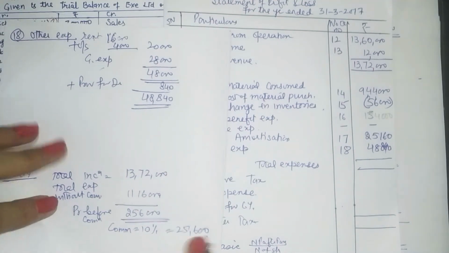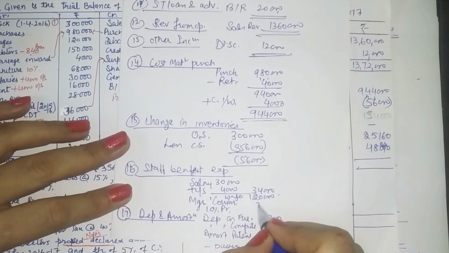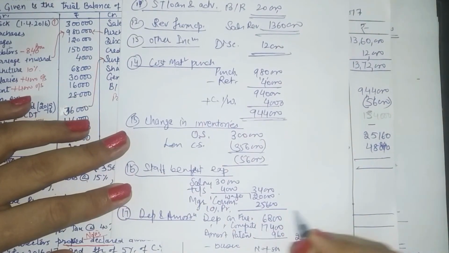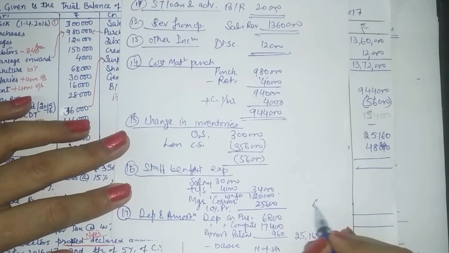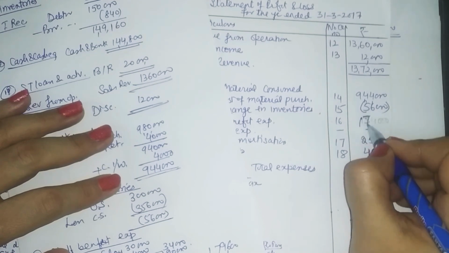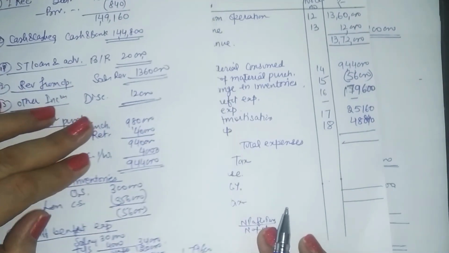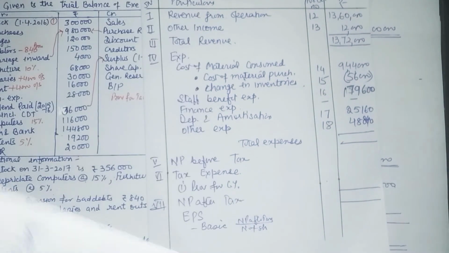Now if we take this commission into consideration, then our staff benefit expenses will be, just write commission here, 1,79,600. So we have now written the amount properly. Now total up all the expenses.